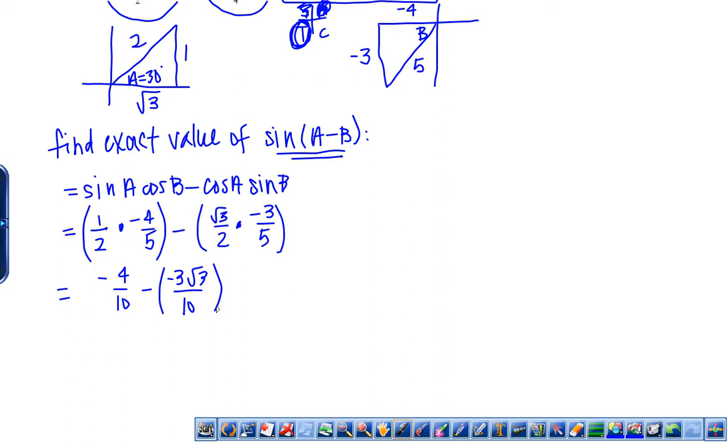Okay, let's change these double negatives to a positive, and I cannot add this 4 to this 3√3 because of the radical, so this is just negative 4 plus 3√3 over 10. And that can be my final answer.